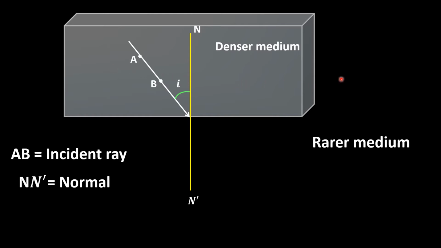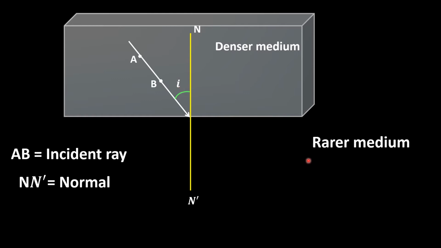Here n1 is our denser medium, so its refractive index is more. When n1 is more, theta 1 should be less, that is the angle of incidence is less.